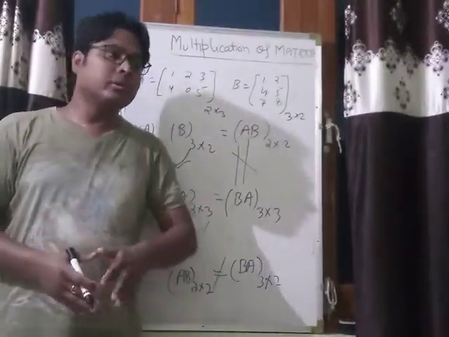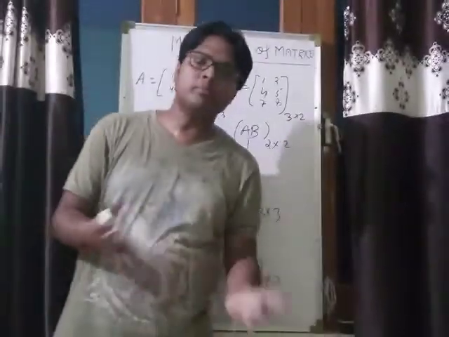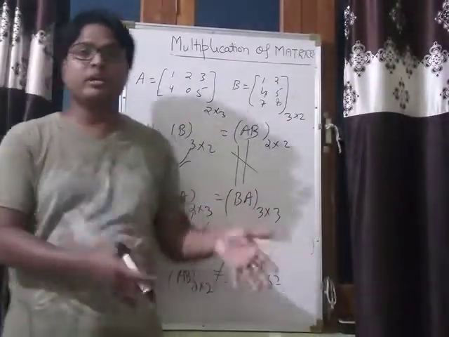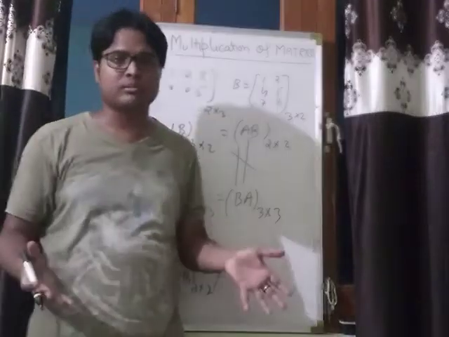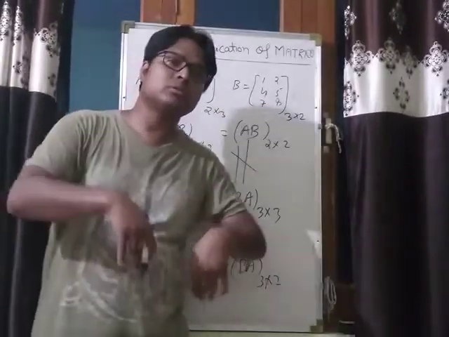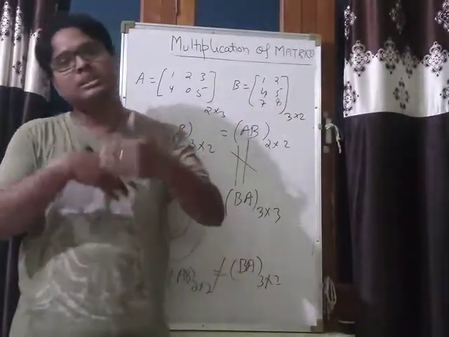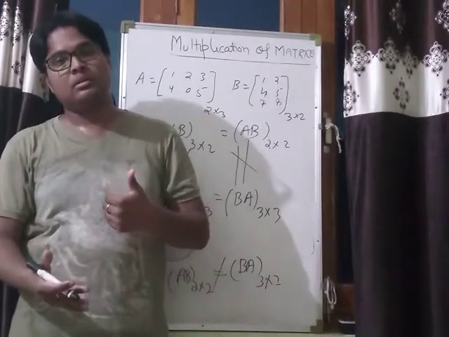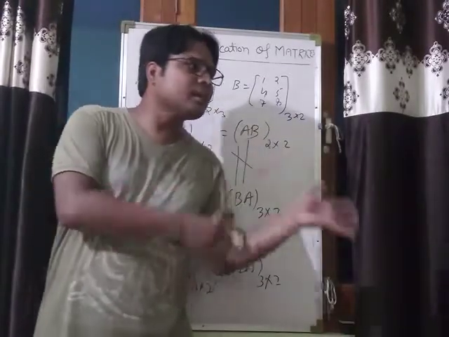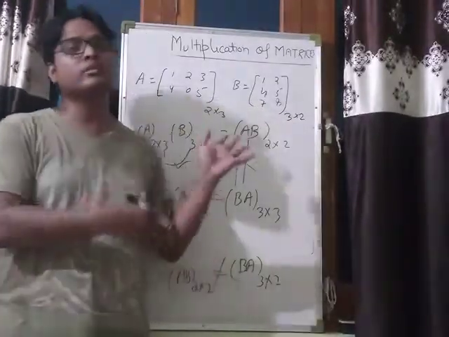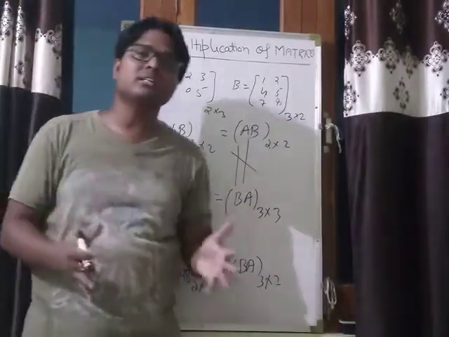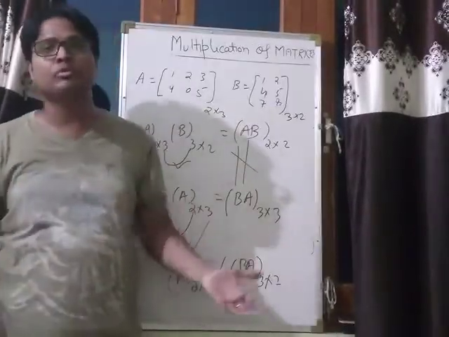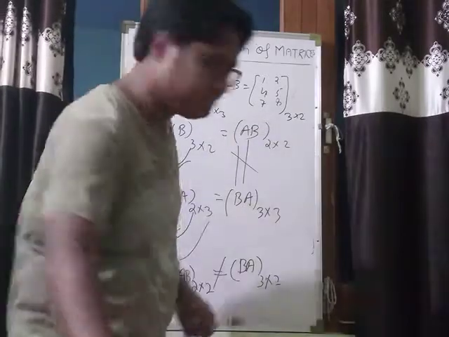So another question arises. It may also be possible that AB and BA both exist and both are of the same order. In that condition, are they equal or not? I am going to give you an example that in that condition it is not necessary that AB and BA are equal. See.